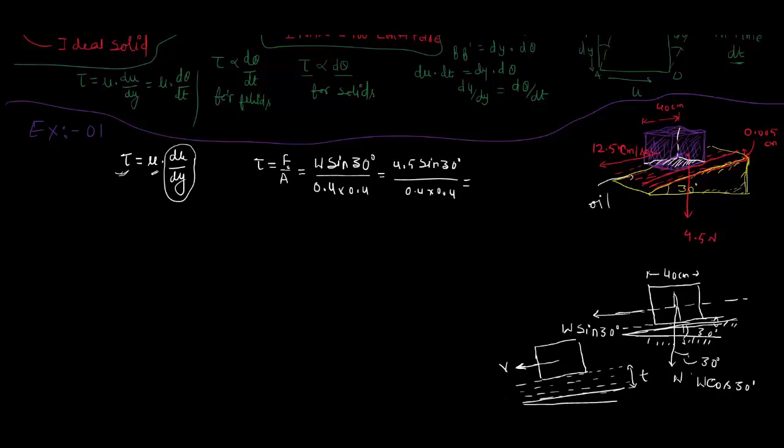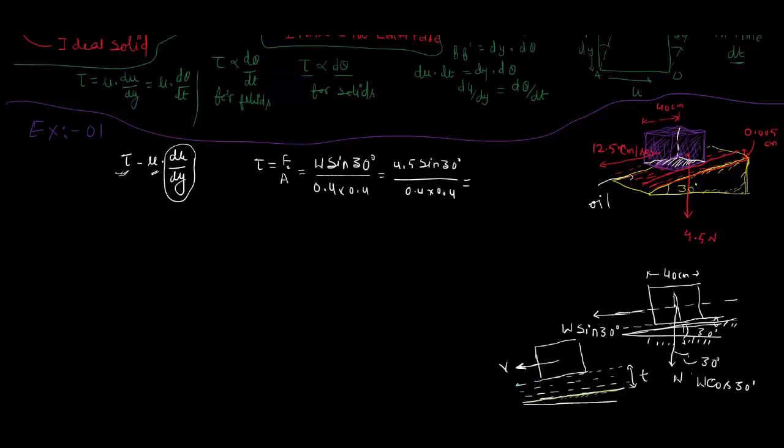Alright, so as we know the block velocity, we know the thickness between the block and the solid surface. So we can say that the oil layer which is exactly stuck to the solid surface has zero velocity, and the velocity of the layer of oil which is stuck to this block is exactly equal to the velocity of the block.